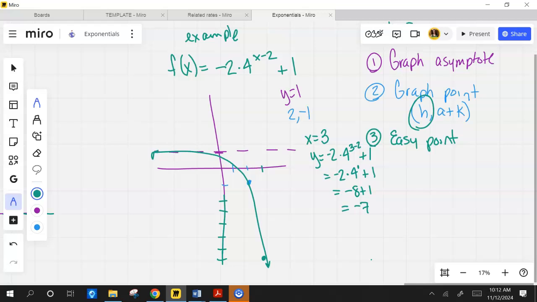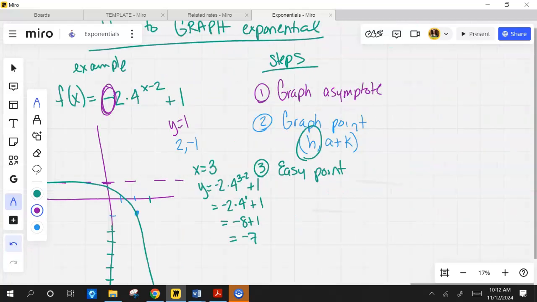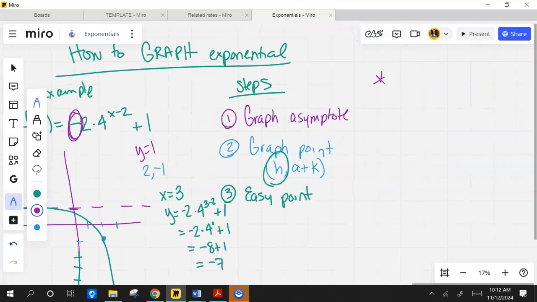It's reflected. Y'all are exactly right. This negative, this is what I was trying to get you to see in the beginning. That negative tells me that it's below the asymptote. So if you want to make a note, -a means below the asymptote.